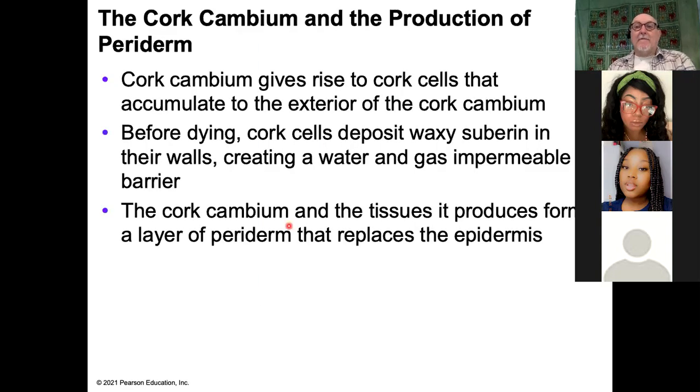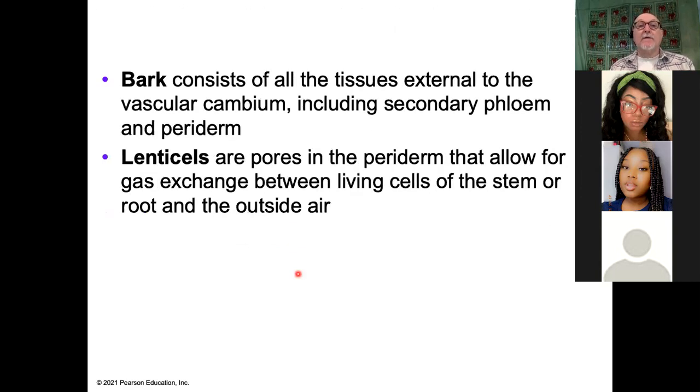So that cork cambium is very important because it is what seals the stem of the plant. Above ground, it is very susceptible to desiccation, to drying out, and the presence of the cork around it enables the stem to resist drying out. I've told you already, the bark consists of all of the tissues external to the vascular cambium.